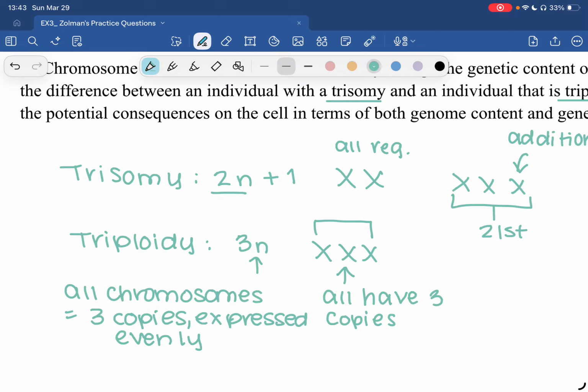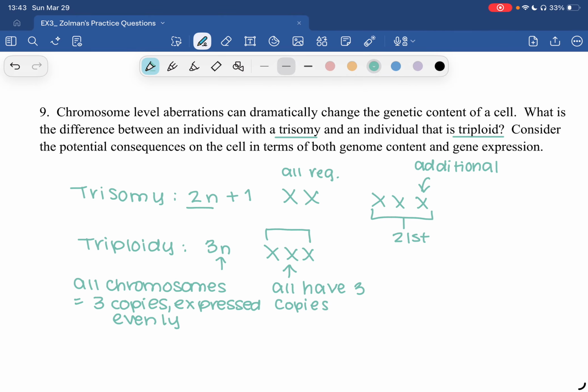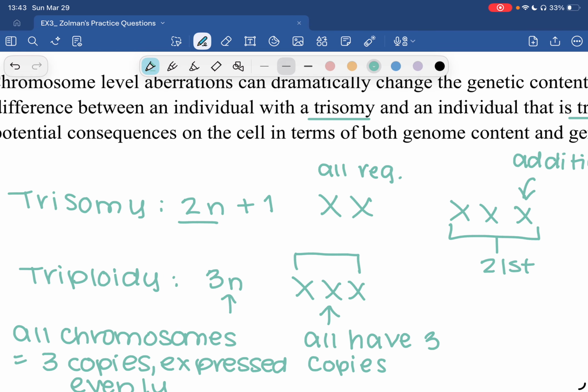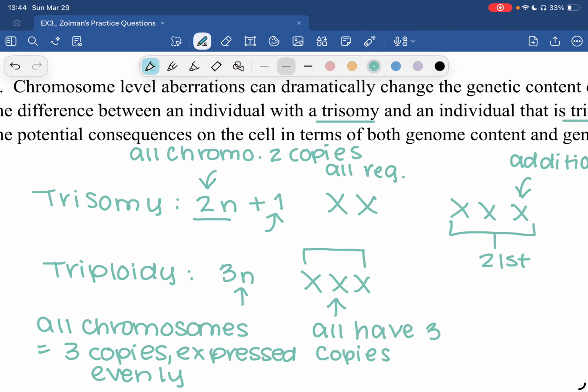Whereas in this one, again, I'm just giving the example of trisomy 21. In trisomy 21, or just trisomy in general, all of your chromosomes have two copies, but that one chromosome that you have an extra copy of would be expressed more.